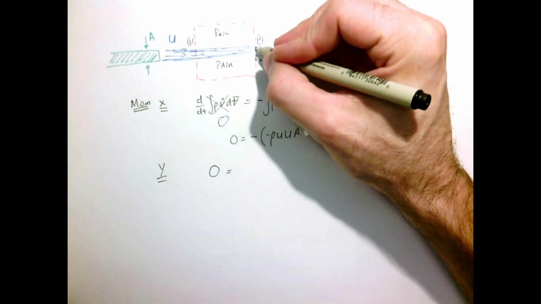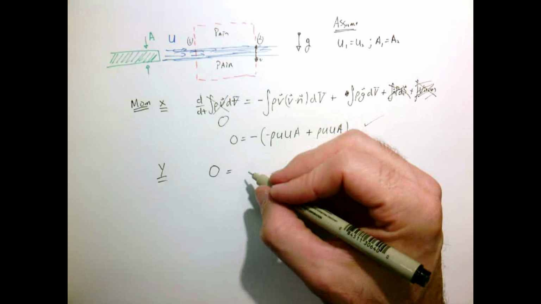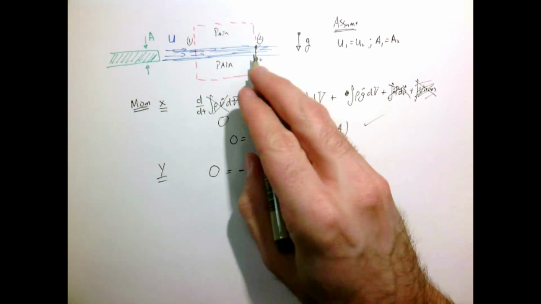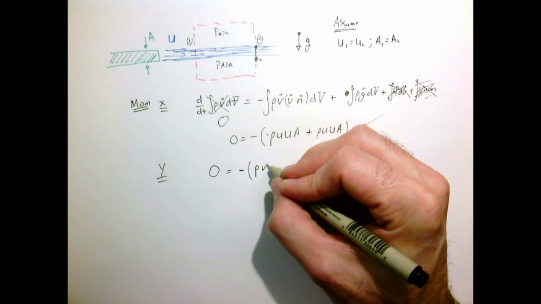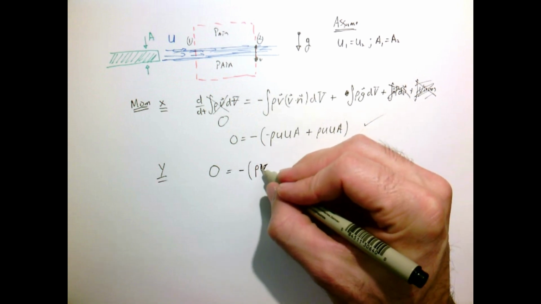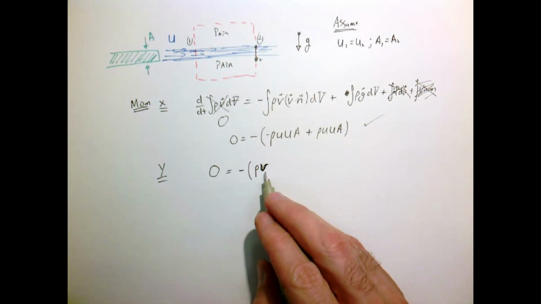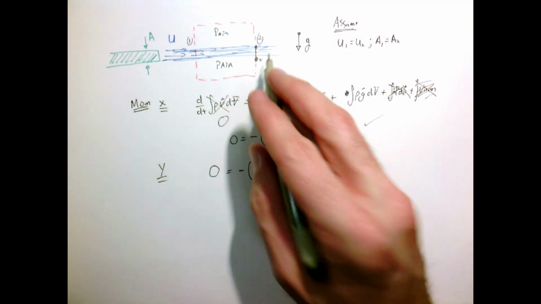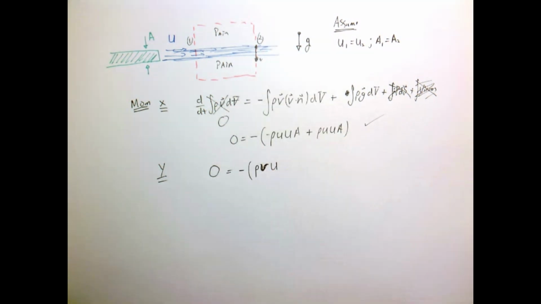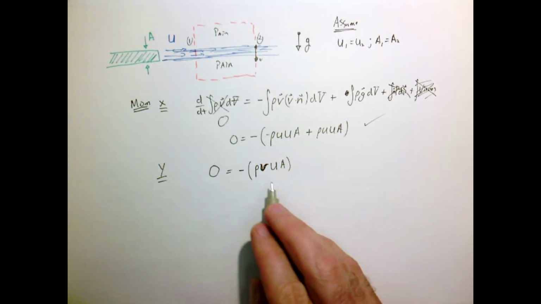I guess I should assume that it's upward and let the sign work itself out. So we have a negative, this negative here. We have rho v, so I'll use script v, the vertical velocity. And then v dot n is the flux leaving, so that's u times A, the area of the jet.